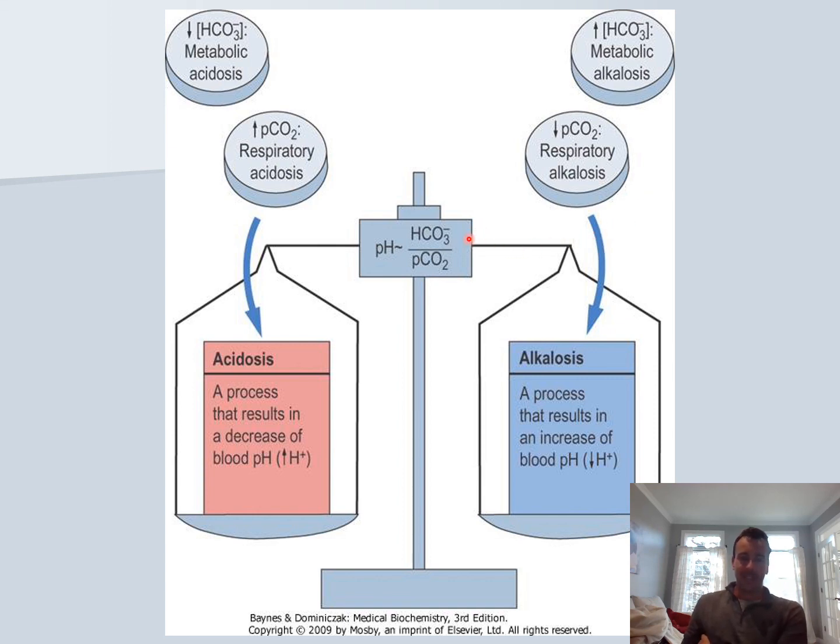And again, the opposite effect is here. So a higher number in the numerator or a lower number in the denominator raises the pH level. And so in either case, you get an increase in the blood pH, essentially a lower concentration of hydrogen ion.